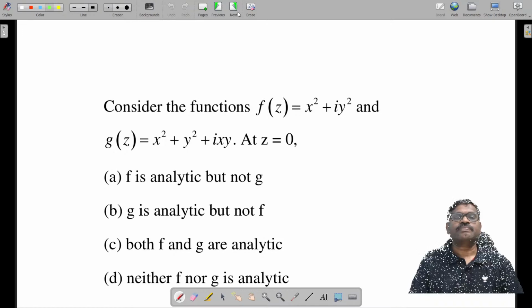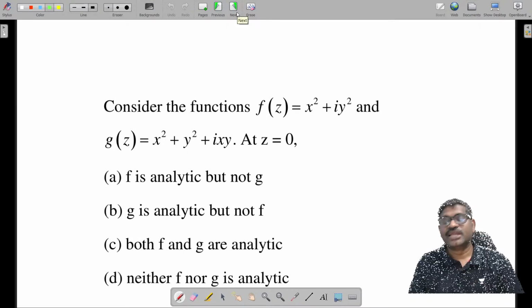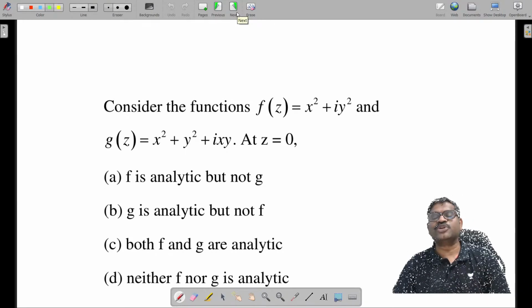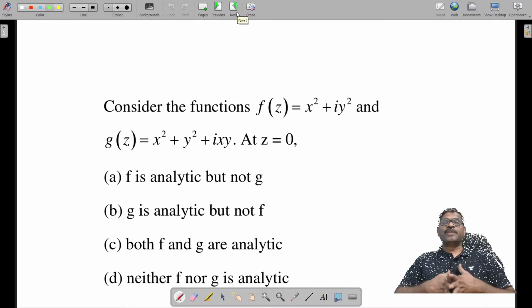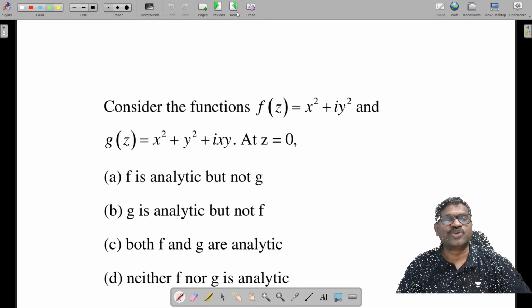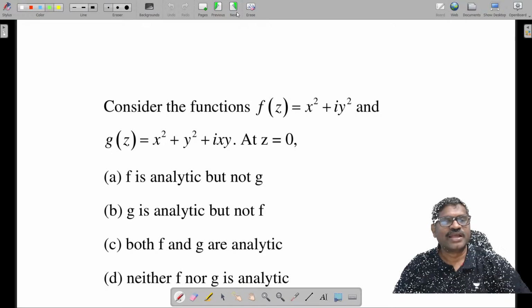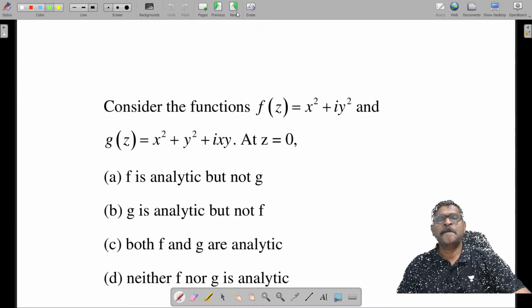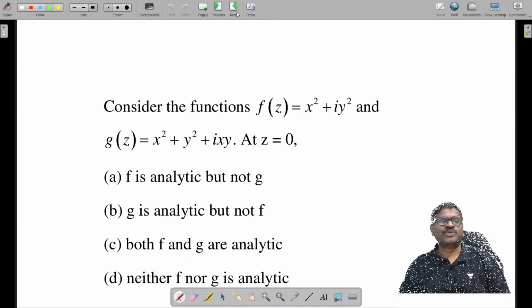Next problem. The function f of z equal to x square plus i y square and g of z equal to x square plus y square plus i x y at z equal to 0.